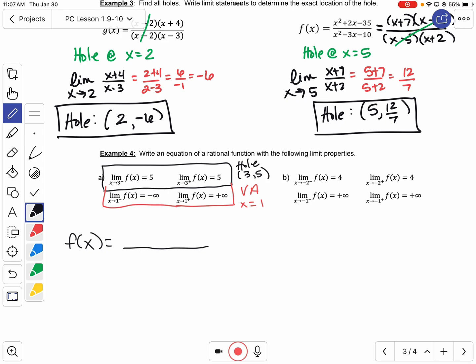So for my whole, I need an x minus 3 on the top and an x minus 3 on the bottom. That's important. For a vertical asymptote, where did that factor have to be? Denominator. Vertical asymptotes fall in the denominator. So if it was 1, my factor would be x minus 1.